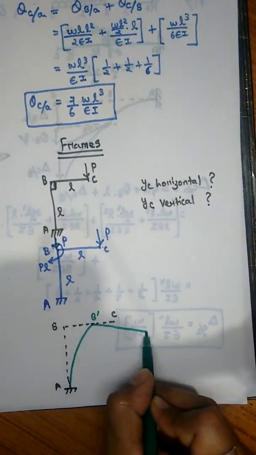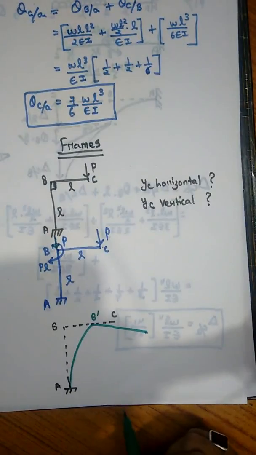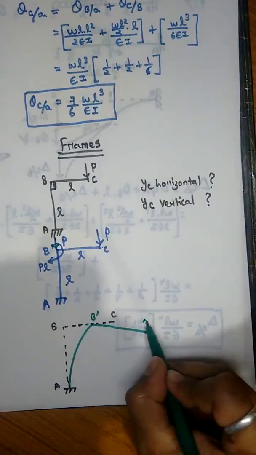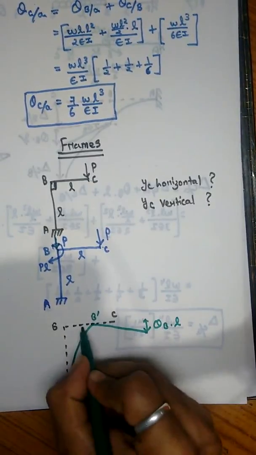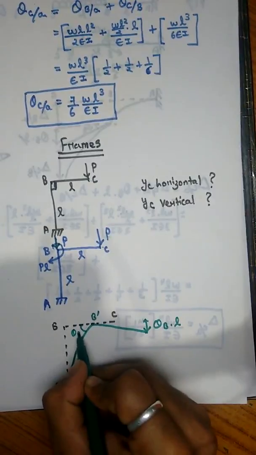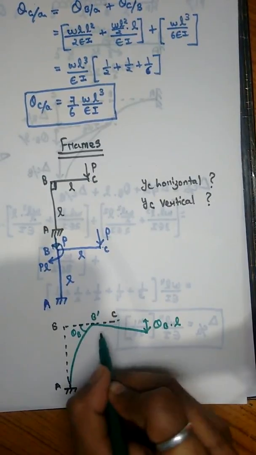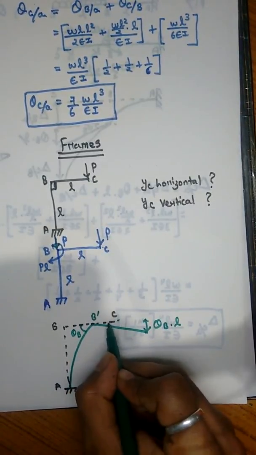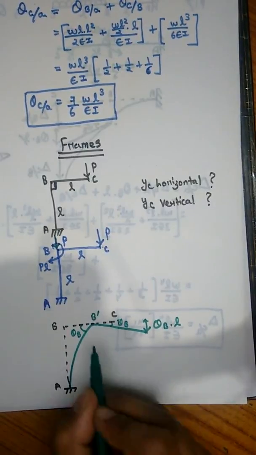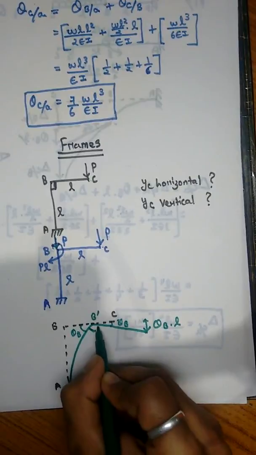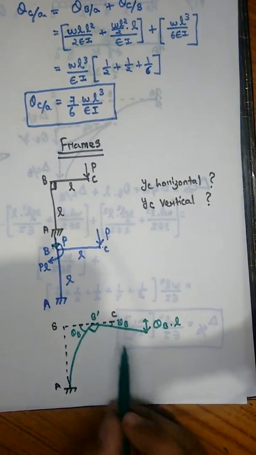It is a straight line. So what is this? This is theta B into L. What is theta B? This is angle theta B. So vertically opposite angle, this is also theta B, and this angle is 90 degrees.